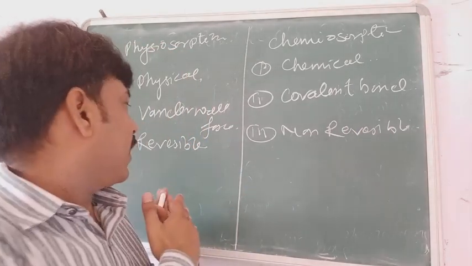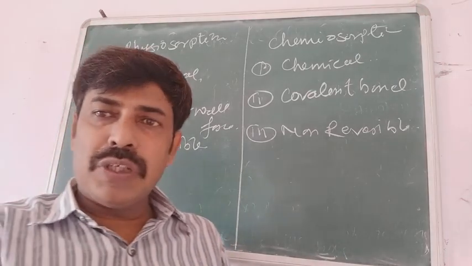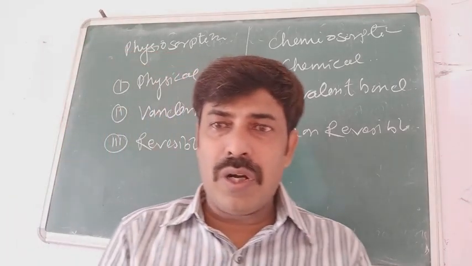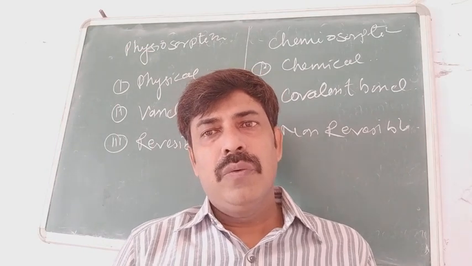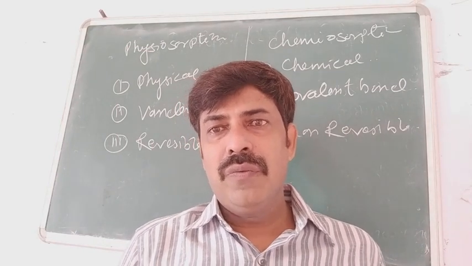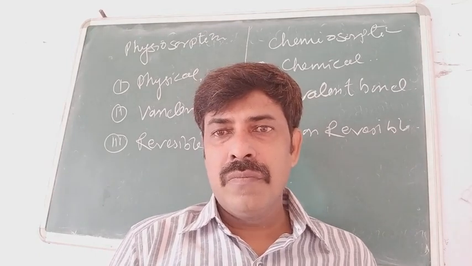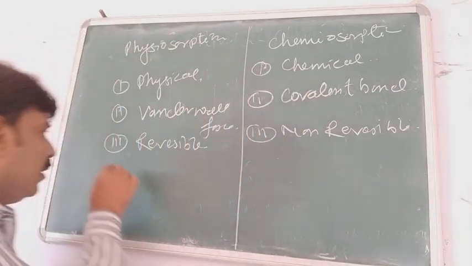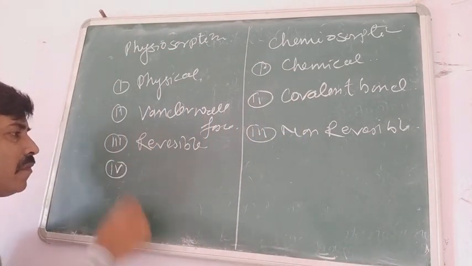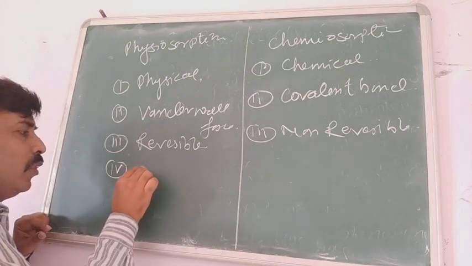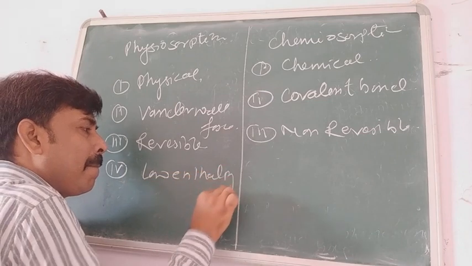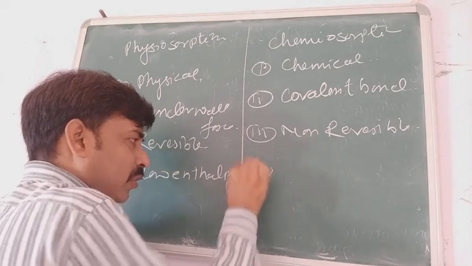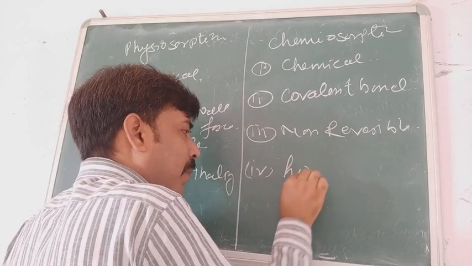But in the case of physisorption, the force of attraction is van der Waals force, which is one of the weakest forces, and because of that weak force, we can revert the process. The next one: physisorption is a low enthalpy process and chemisorption is a high enthalpy process.